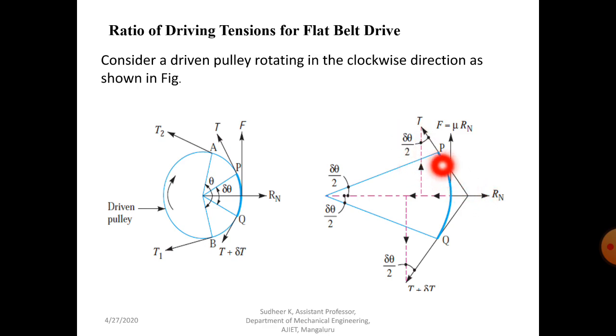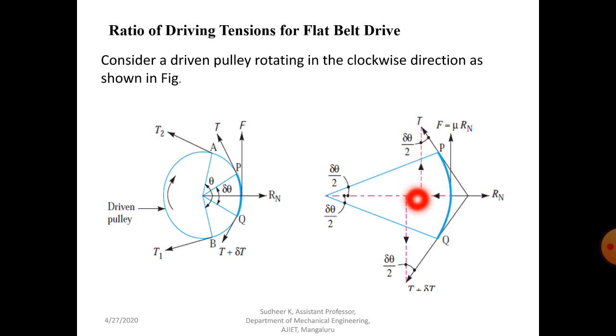This T we have to resolve into two components, one horizontal component and one vertical component. The vertical component always acts in the vertical direction, and the horizontal component always acts in the leftward direction. The opposite side is whatever force is acting towards the right side direction.